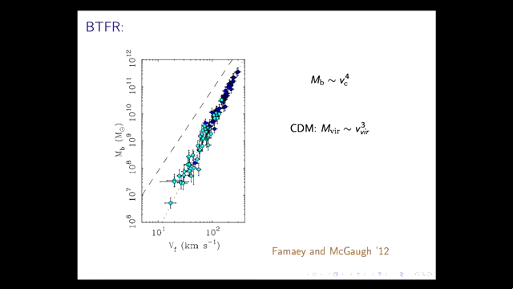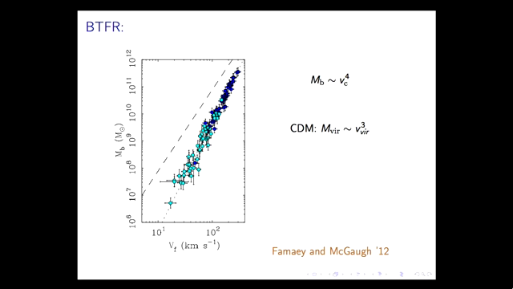But in my opinion, the most puzzling is the so-called baryonic Tully-Fisher relation. So this plot was borrowed from this paper. This relation tells us that the baryonic mass in these galaxies is related to the asymptotic circular velocity in this way.